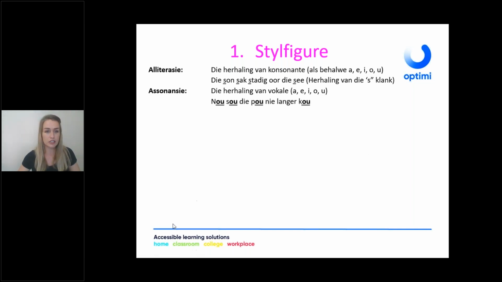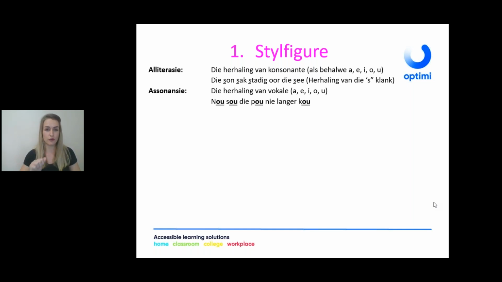The next one is assonantie. That is the repetition of vocale, of vowels. That is the letters A, E, I, O, and U. An example of this is: no, so, die pou, nie langer pou. Can you hear that O, O, O, O? Remember that assonantie and alliteration is also about the sound of something.